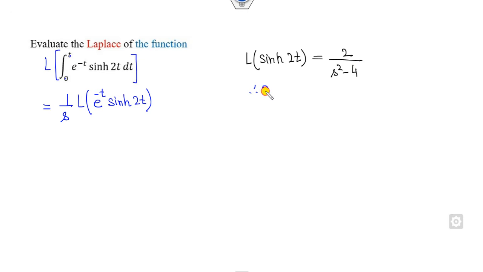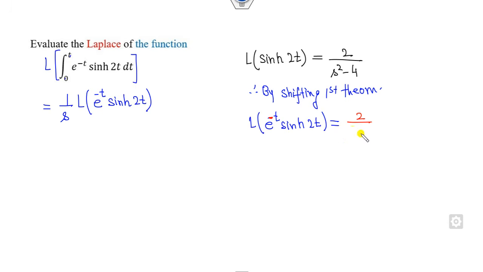So by the first shifting theorem, we get the Laplace of e raised to power minus t sine hyperbolic 2t by replacing s with s plus 1. So 2 over (s plus 1) square minus 4. So the right answer is 1 over s times 2 over ((s plus 1) whole square minus 4) for this problem.